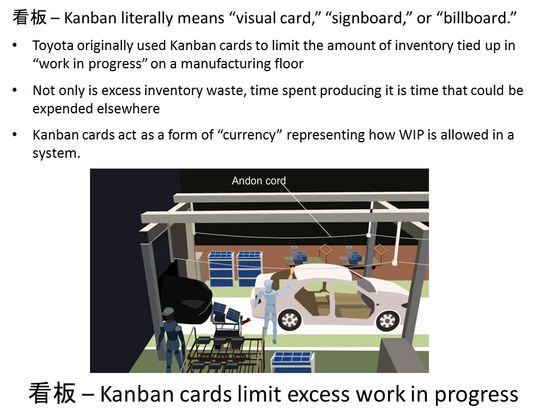Kanban literally means a visual card or a signboard or a billboard, and it was developed by Toyota to reduce the inventory tied up in work in progress, which helps both in reducing the cost as well as output. It's one of the key aspects of lean development.